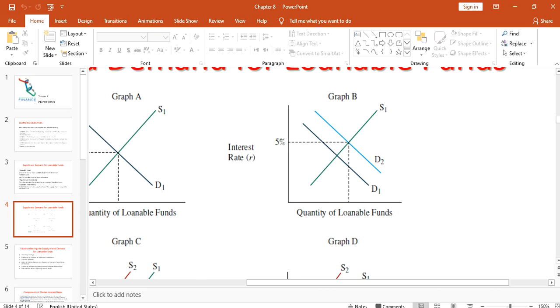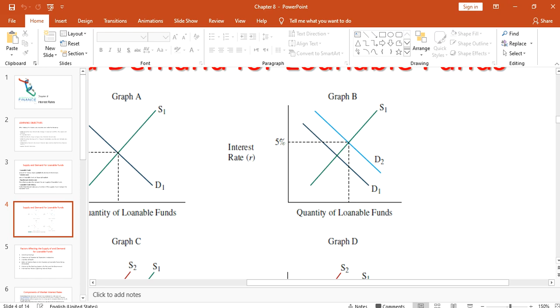Here we assume that the demand increases and the supply is the same, S1. Demand increases from D1 to D2, but the supply is the same. The quantity of loanable funds was here, but now shifts to the right.